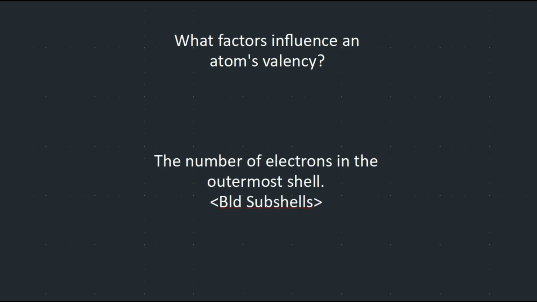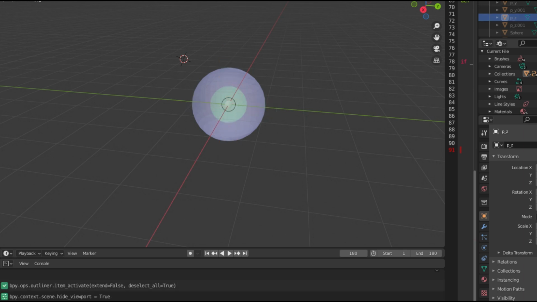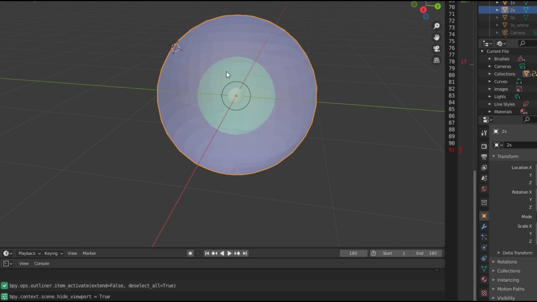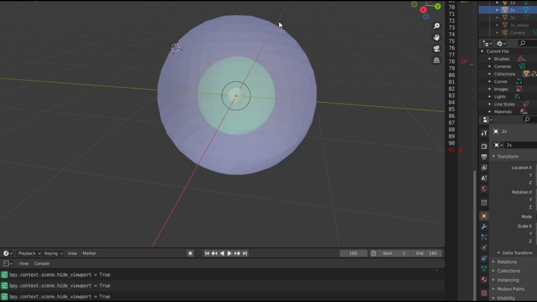Well, the number of electrons in the outermost shell. For example, let me start off in this way. Now, here the outermost shell is your blue color. That's the outermost shell, because your inner shell is the green color, right? This is your inner shell, and covering that is your outermost shell.